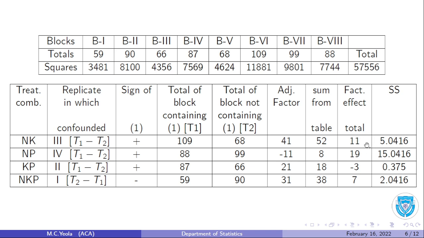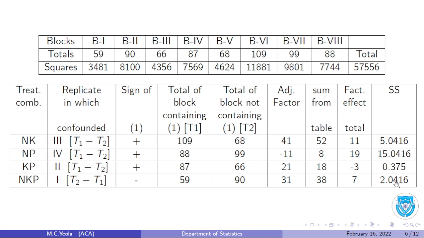So 11 square divided by 24 gives us this value. 90 square divided by 24 is this value. For all of these we apply the same rule, because in each replicate one of the treatment combinations gets confounded. 3 square divided by 24, we are having this. 7 square divided by 24 gives us this value.